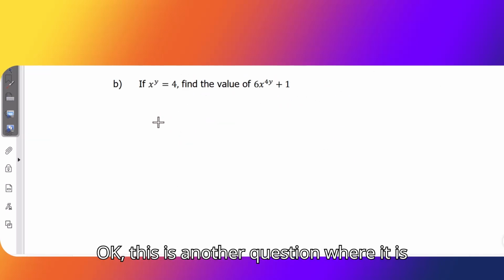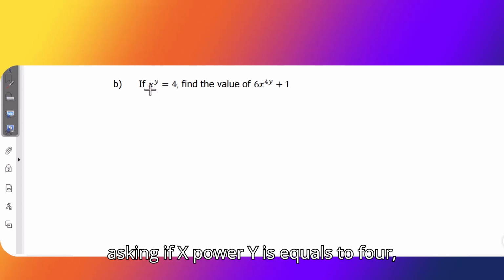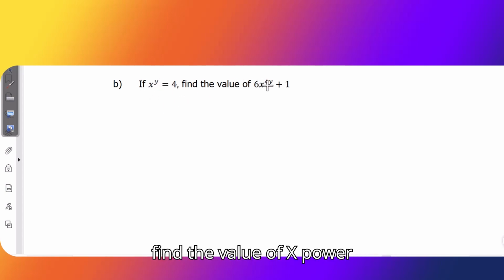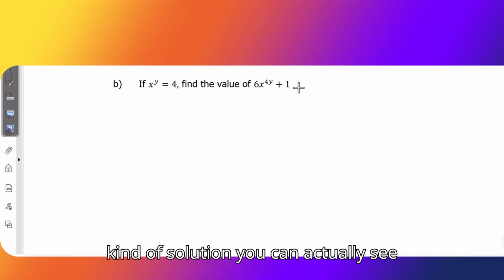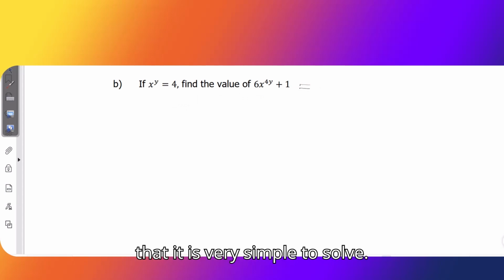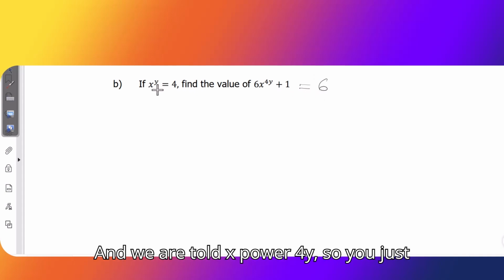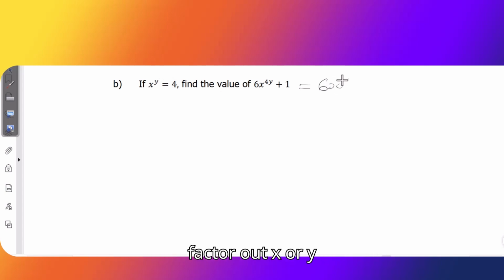Okay, this is another question where it is asking: if x power y equals 4, find the value of x power 4y plus 1. This kind of question is actually very simple to solve. We are told x power 4y, so you just factor out y times 4.